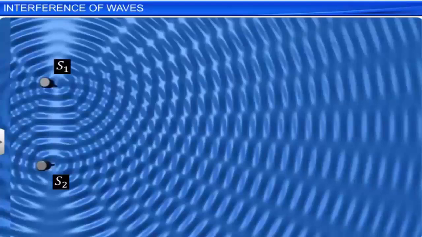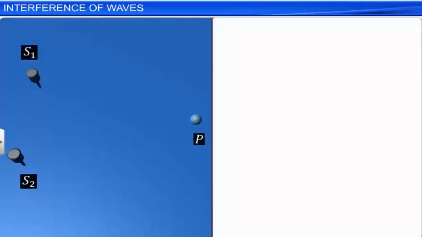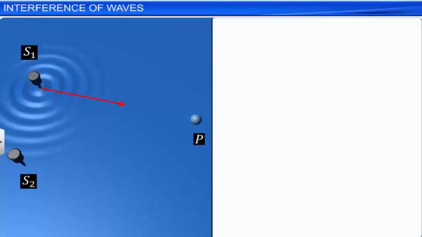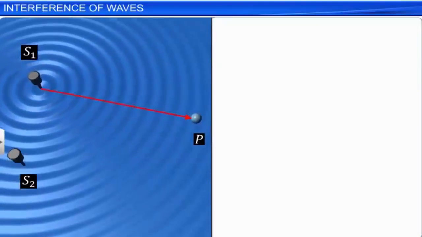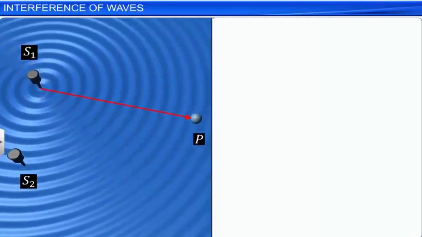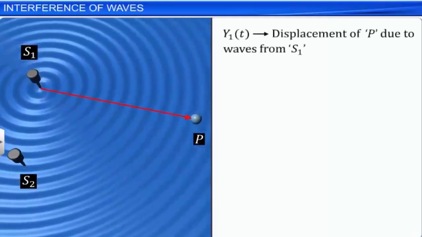Let P be a point on the surface of the water. When waves generated at S1 reach the point P, the point executes simple harmonic motion. Let y1(t) be the displacement of the particle P due to waves from S1.